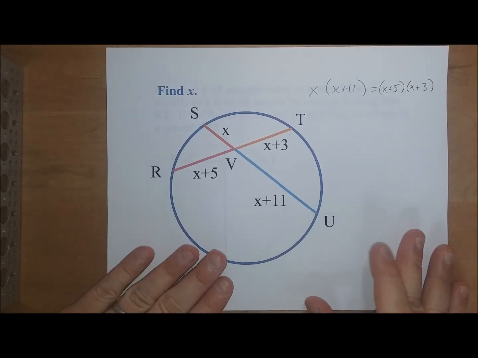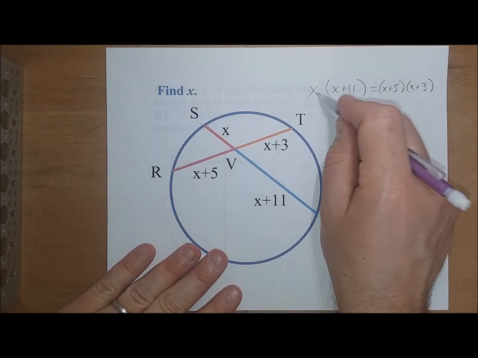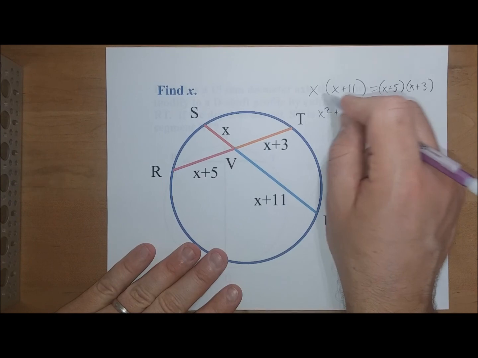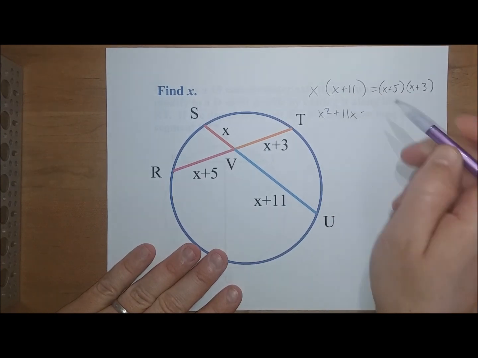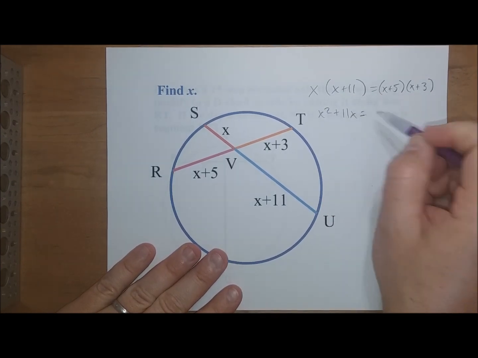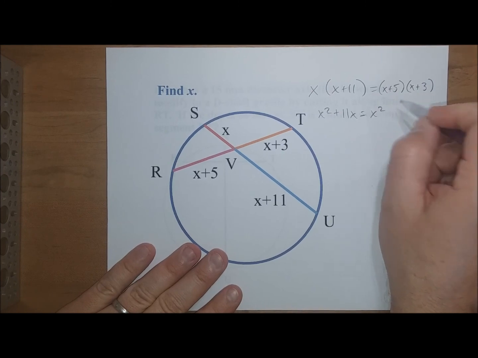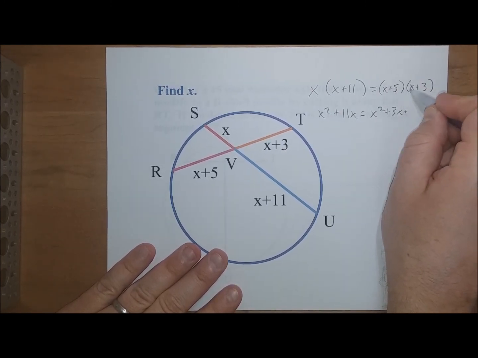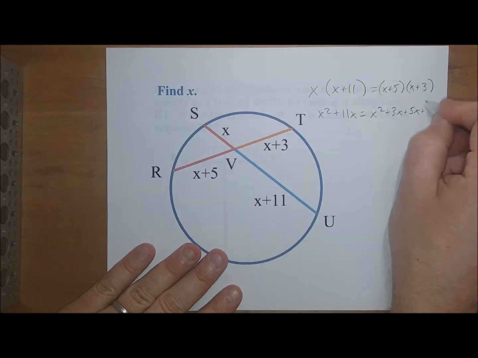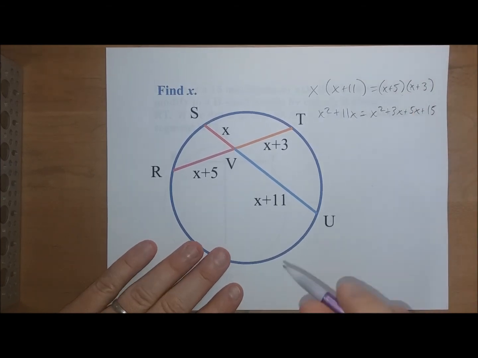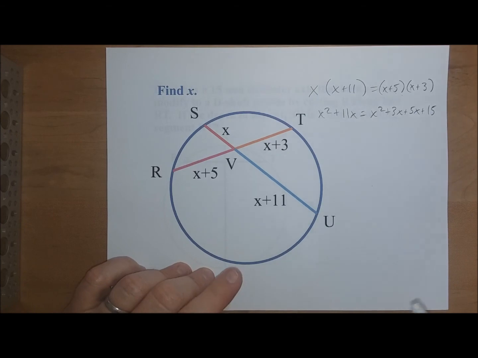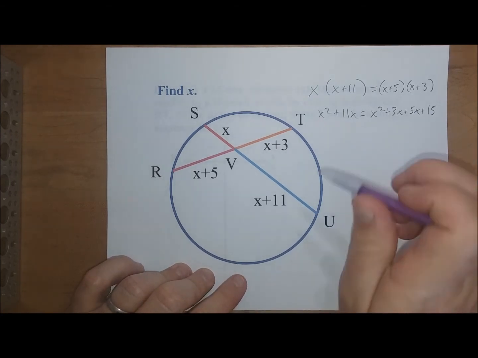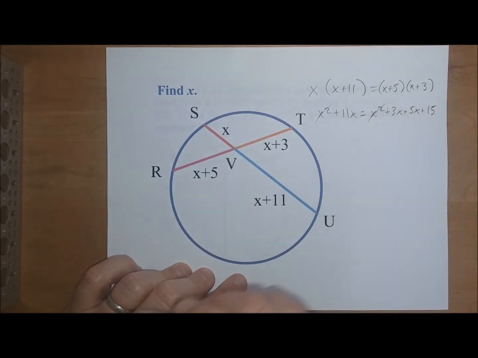Good. And when we distribute here, we get x times x is x squared, plus x times 11 is 11x. Here we're going to FOIL, and we get x times x is x squared, x times 3 is 3x, plus 5 times x is 5x, plus 5 times 3 is 15. Okay, and this time, may not always happen, but this time the x squareds cancel out, don't they?